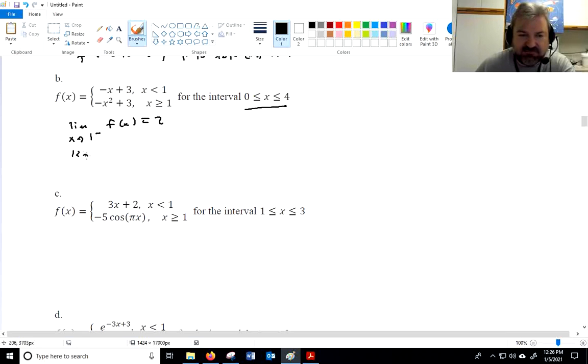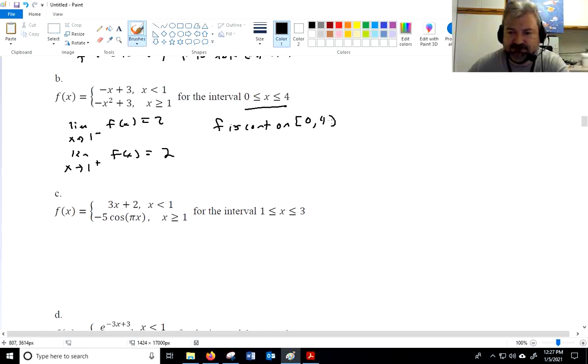Now, if I look at the limit as x approaches 1 from the right, then I would get, let's see here, that'd be a negative 1 plus 3 again. That's also 2. And so we do know that f of 1 exists. Now we know the limit exists, and they're the same. So we are continuous everywhere on this interval. Question is, what about the differentiability?